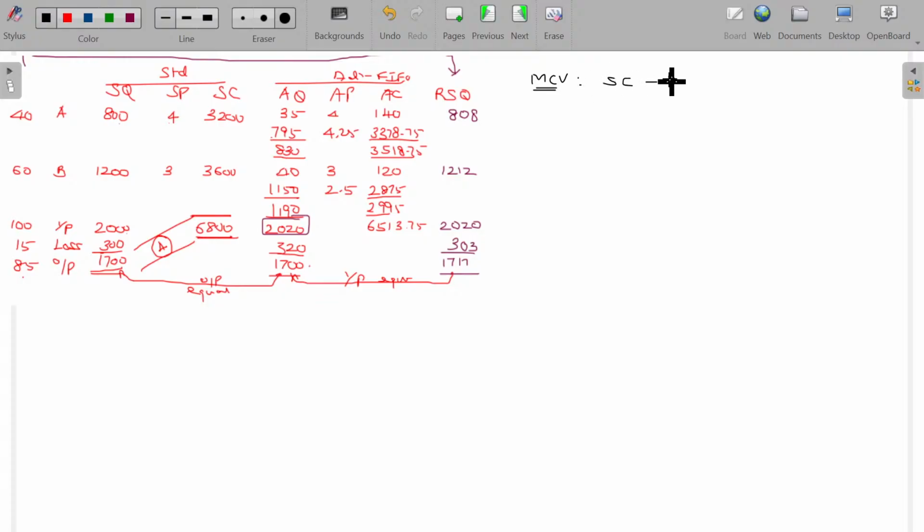Standard cost minus actual cost. Standard cost being 6,800. Actual cost being 6513.75. The difference between these two, 286.25. You paid lesser, so favorable.